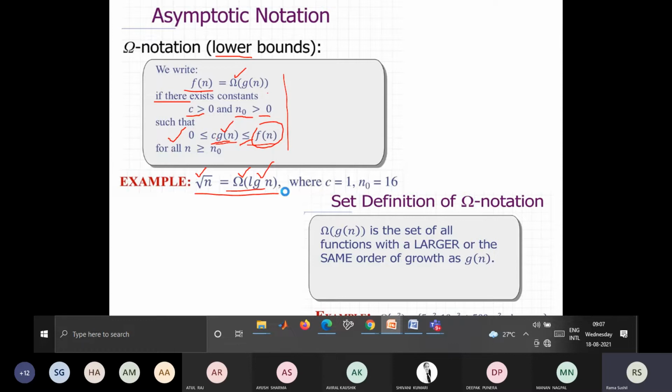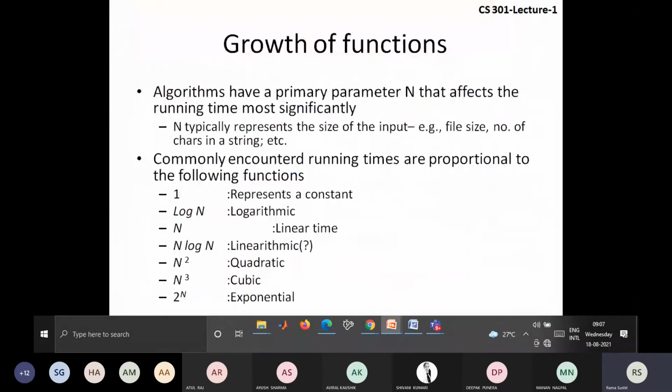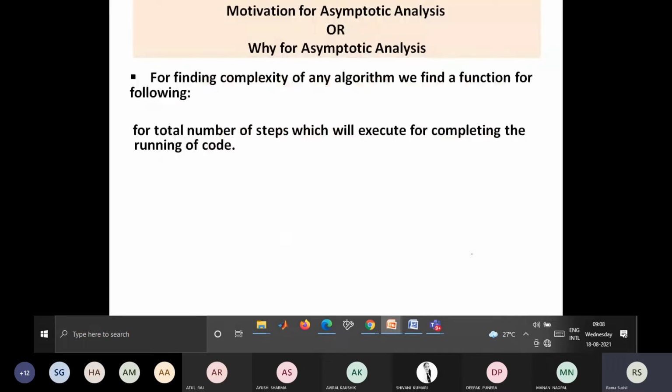Like you have seen previously in many graphs, square root of n and log n plotted. Yes, it is here, this is square root of n and this is your log n. So log n always remains lower. So you can memorize some standard functions in terms of these graphs.